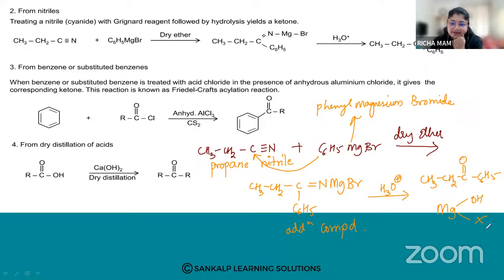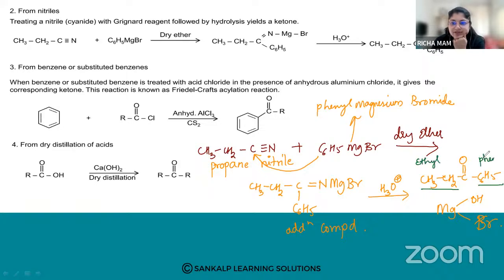X is what? Your Br. So what is the name of this compound? Can anyone tell me? What is the product obtained? Try. So you have two groups. One is the ethyl group, another is the phenyl group.